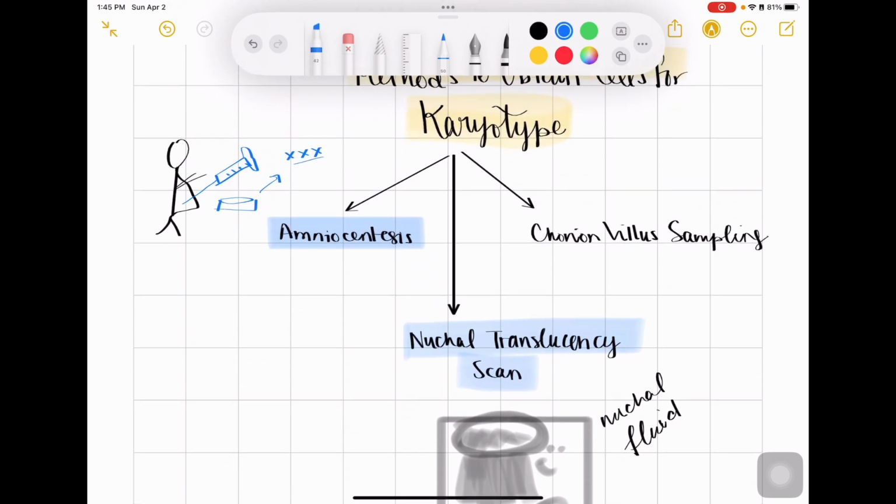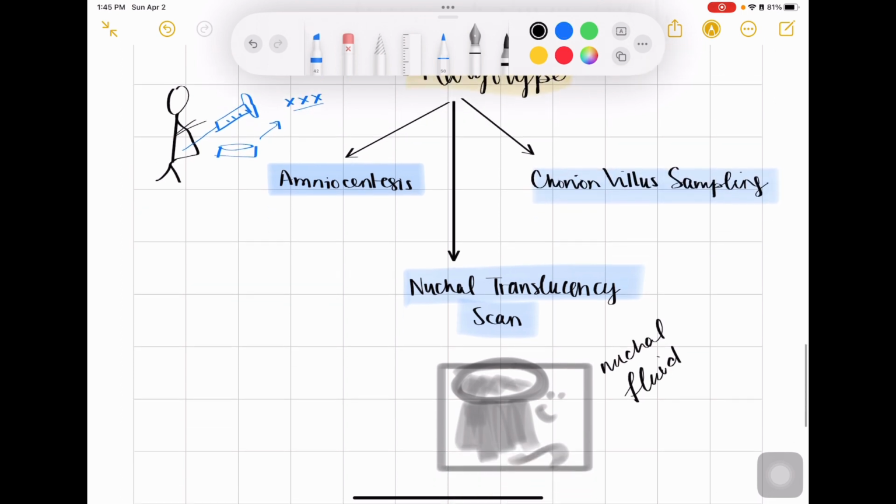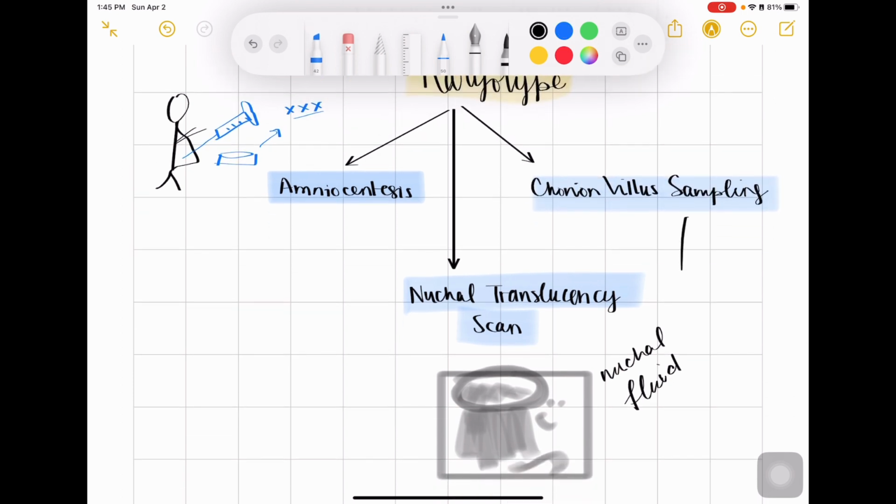Last of all, we have the chorion villus sampling. So in the womb of a pregnant woman, there is the placenta, which is what connects the uterus to the wall of the stomach.